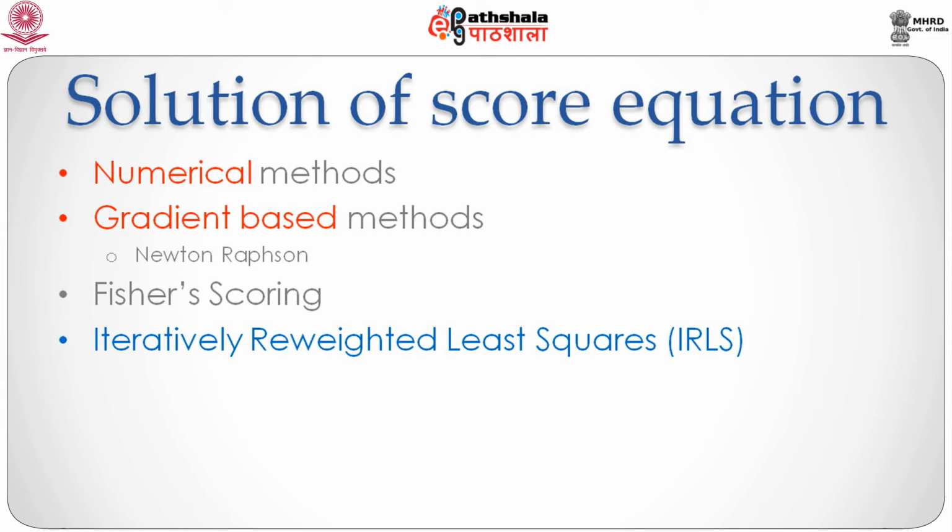And you can see that this is a highly suggestive name and suggests that even though the least squares is not directly applicable here, it turns out that at each iteration we do have to use a certain form of least squares to get the maximum likelihood estimators for GLMs.